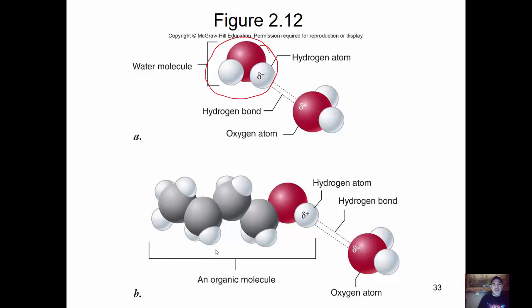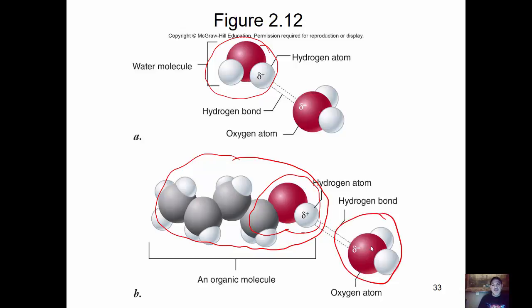Here's another case where we have an organic molecule, where part of the molecule is polar. That would attract a polar water molecule. In this case, the polar molecule is attracted to the polar water molecule over here. And this is how water can dissolve other molecules that are polar like it.